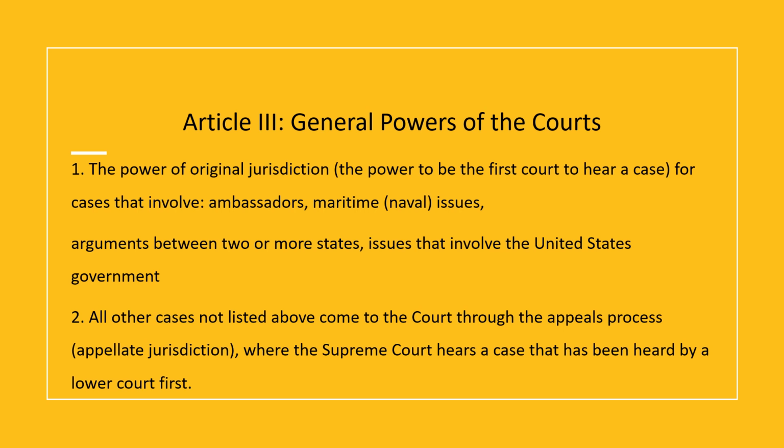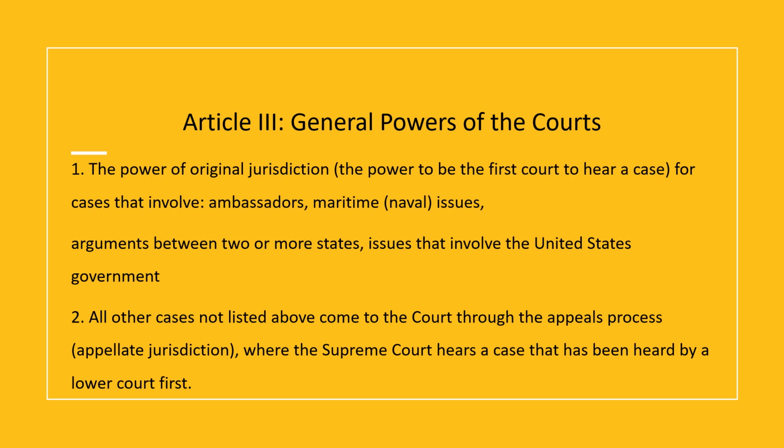And that means that the court is the original court to hear the case, and whatever the Supreme Court says goes. Some of these cases include ambassadors, maritime or naval issues, arguments between two or more states, and issues that involve the United States government.